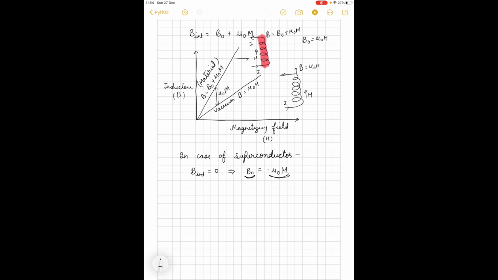That's why inside there is no magnetic induction at all. So the entire magnetic flux is excluded from the inside of the superconductor in the superconducting state.